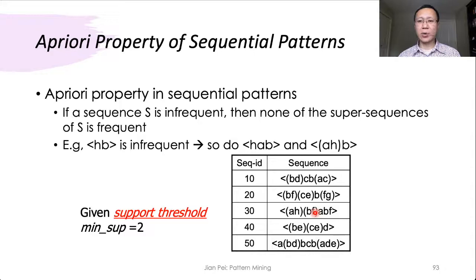It cannot be more than one. And similarly, you can add one item within one element. Again, adding such an element, making the sequence even longer, cannot help to increase the frequency. Therefore, any supersequence of HB cannot be frequent.